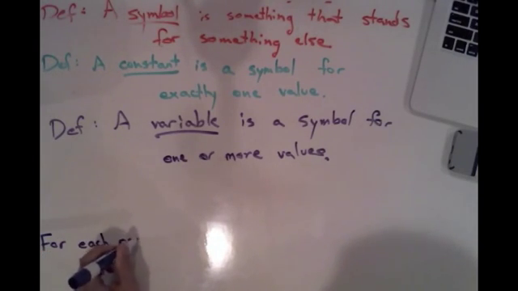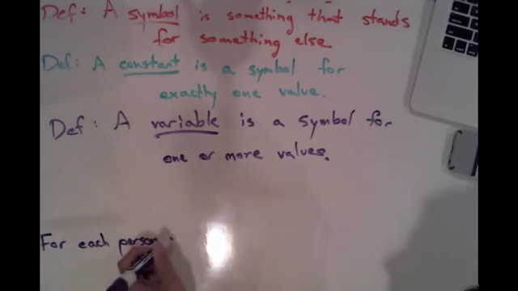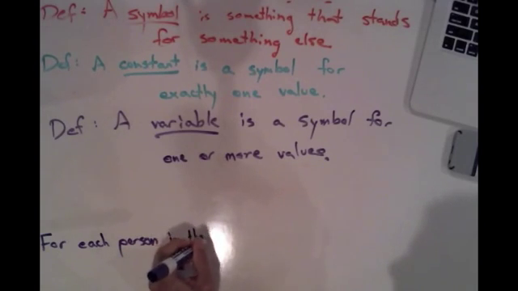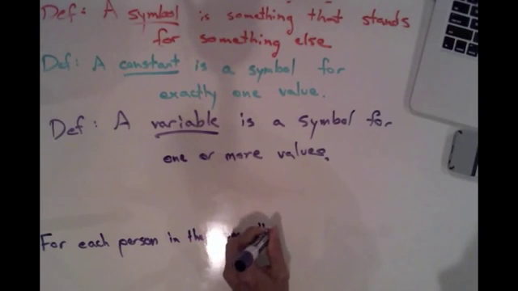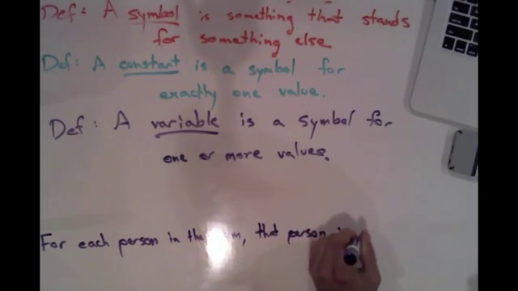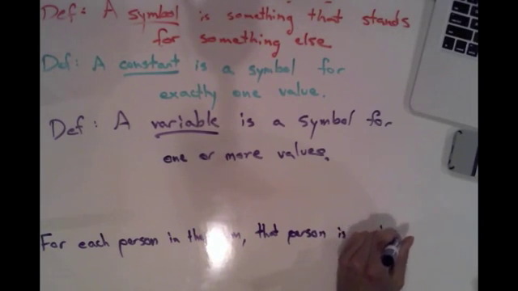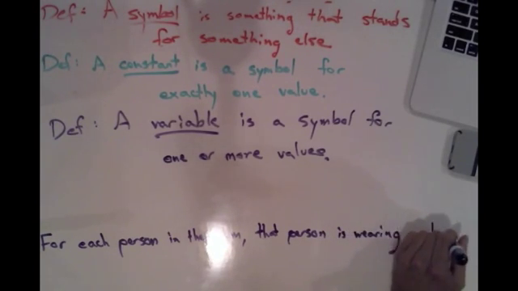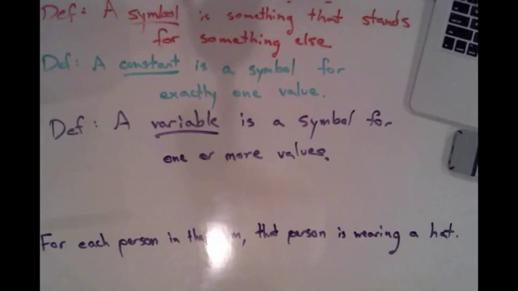For each person in the room, that person is wearing a hat. For each person in the room, that person is wearing a hat. What do you think is the variable in this sentence?